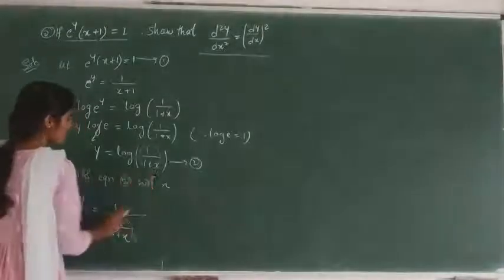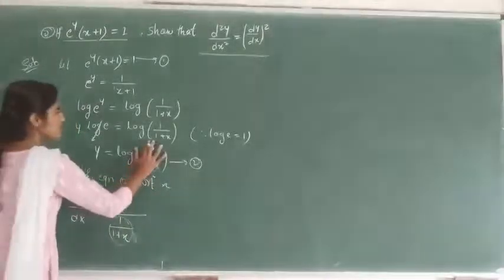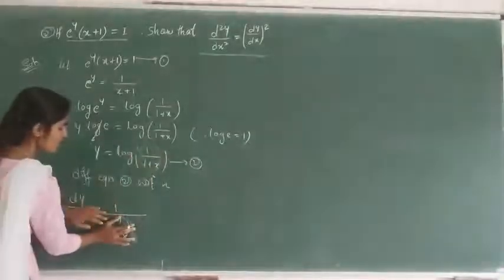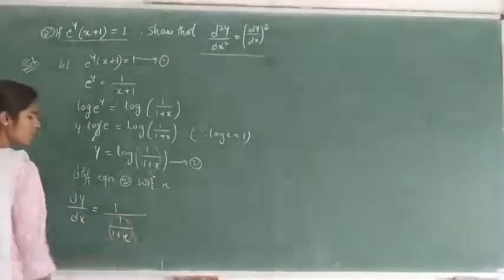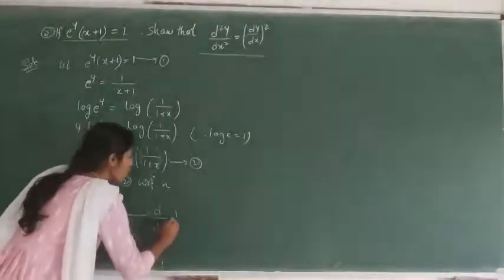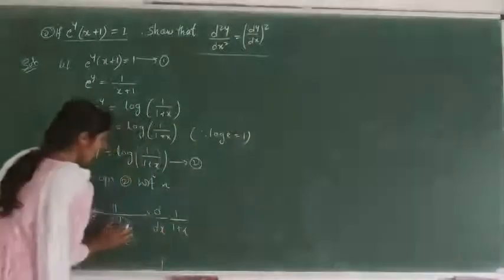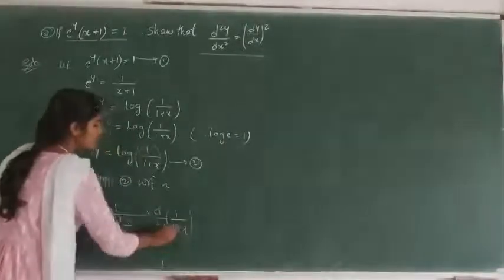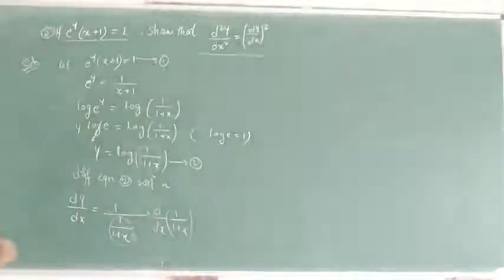So this term I am writing. What we have to do is differentiate again 1 divided by 1 plus x. So again there is one more function, so we have to differentiate again 1 divided by 1 plus x.